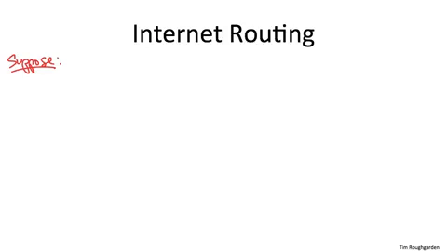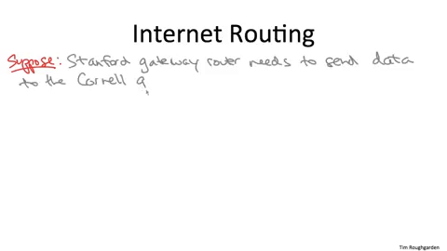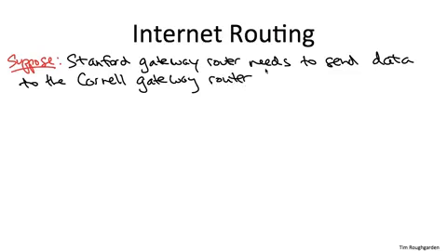So in particular, this piece of data has to get from the Stanford Gateway Router, in effect the airport for Stanford's network, to the Cornell Gateway Router, so the landing airport over on Cornell's side. Now, it's not easy to figure out exactly what the structure of the routes between Stanford and Cornell look like, but the one thing I can promise you is that there is not a direct physical link between the Stanford Gateway Router and the Cornell Gateway Router.